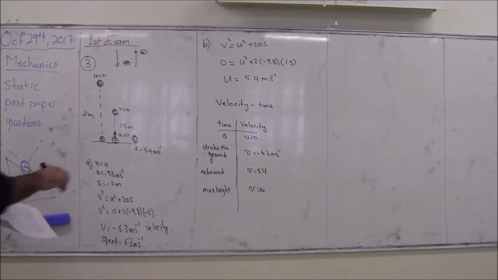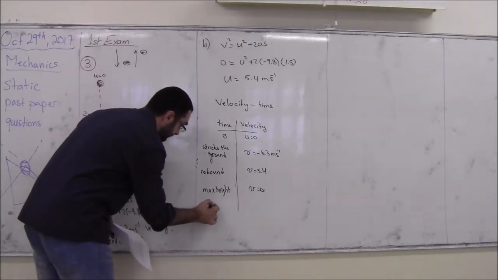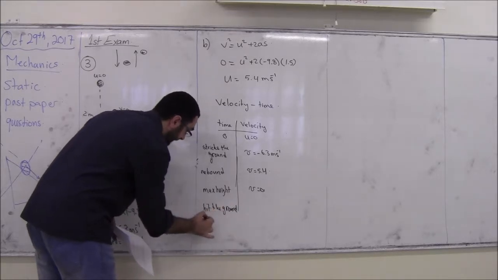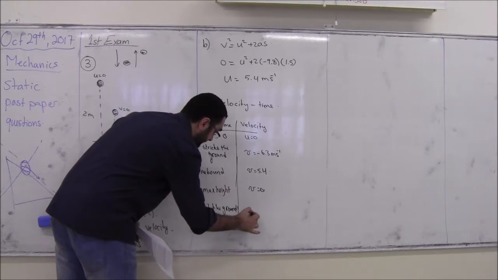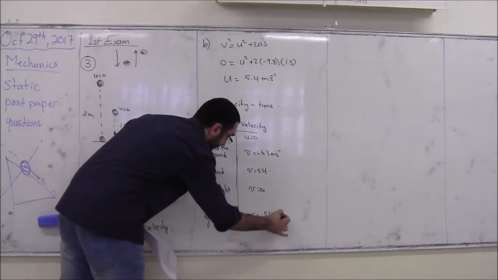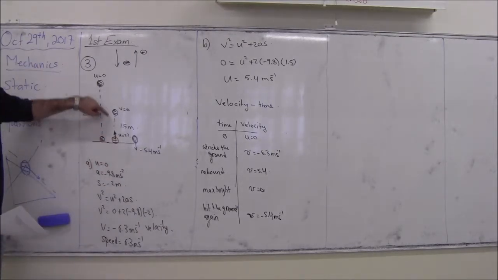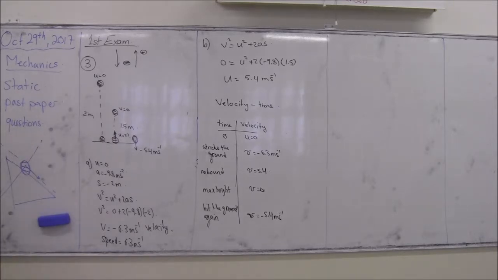So it will hit the ground again with negative velocity, negative 5.4. Again, it leaves the ground at 5.4, and hits the ground again at 5.4, but in the opposite direction.